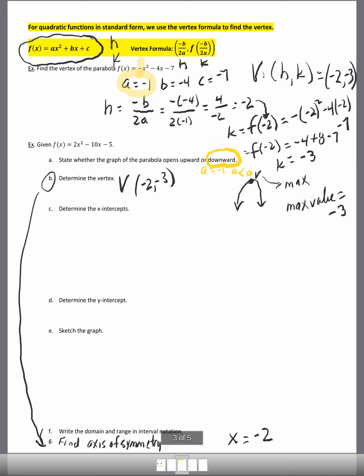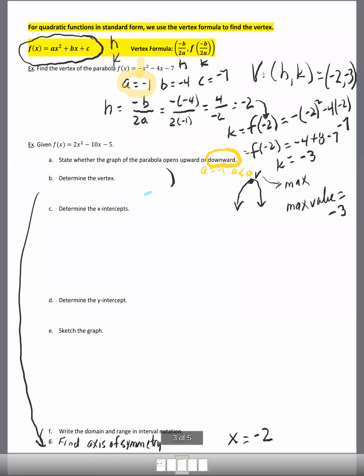It says determine the x-intercepts. And I just realized that the problem had changed, didn't it? Okay. Well, that's the information we would have had. Let me backtrack a minute.